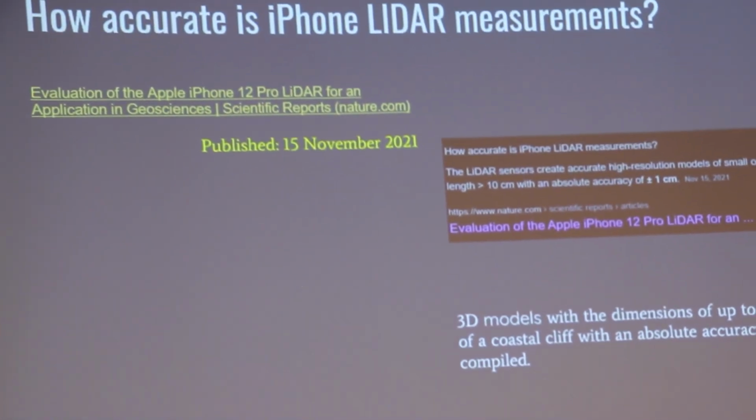And 10 centimeter accuracy may not be good enough for some big companies, but the versatility of being able to scan using your phone outweighs everything else that comes with those $10,000 top-of-the-line instruments.